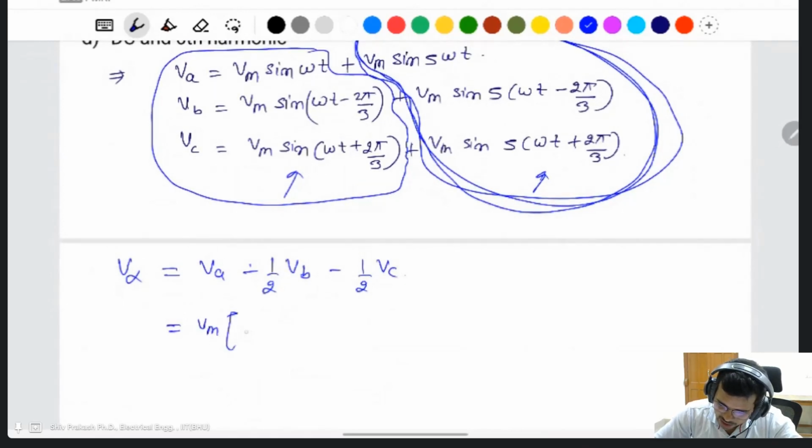I take Vm as common: sin 5 omega t minus half VB, sin 5 omega t minus 2 pi by 3. Omega t you can multiply by 5 also. This will be 10 pi by 3.